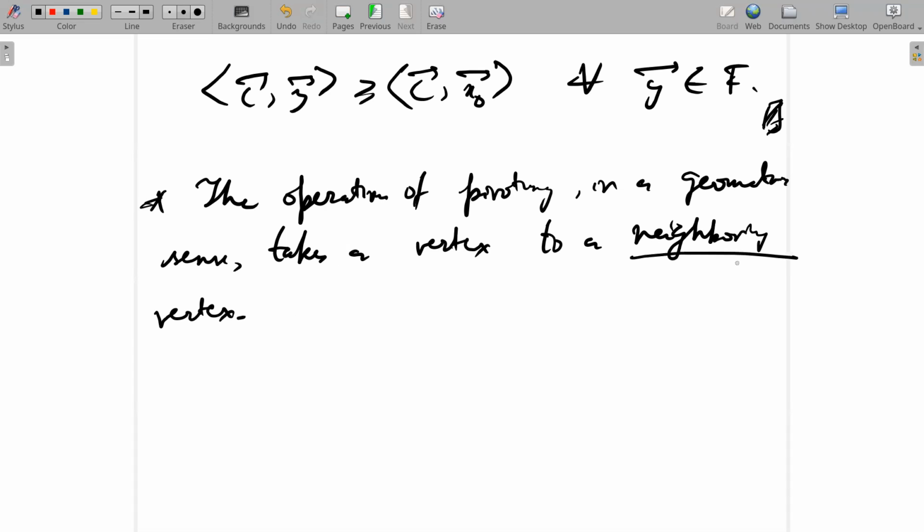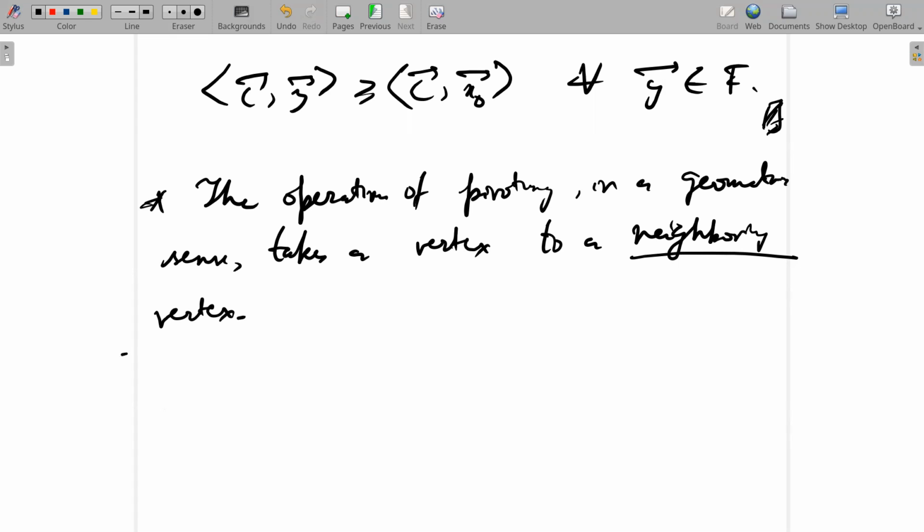Throughout this computational algorithm, the word neighboring is never even used. It's not needed. It's just for our having a good mental picture of what's going on. If I cannot figure it out today, then in the next class that's the first thing we'll talk about, that this process of pivoting actually takes you to a neighboring vertex. Okay, so an important thing is done.